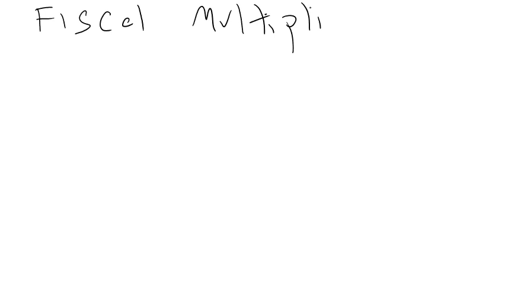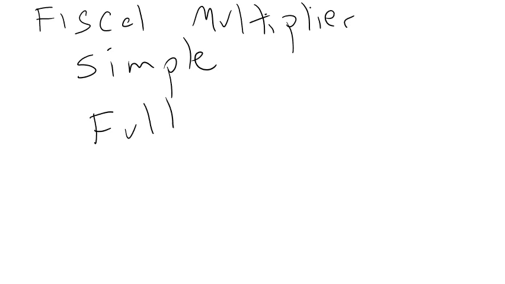So when it comes to the fiscal multiplier, why is there a difference between a simple multiplier and a full multiplier? Well, once again, the simple multiplier only considers the goods and services market. It does not consider the money market.